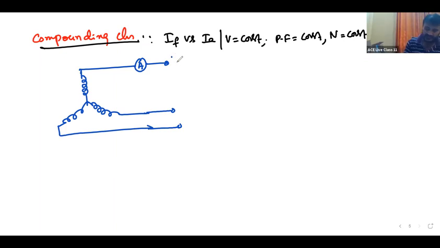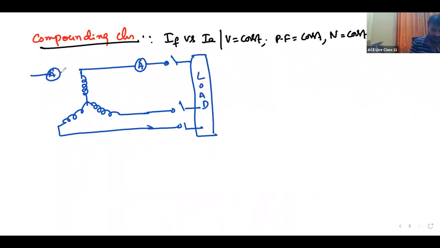This is load. IF, the V, IA. But V should be constant, no?